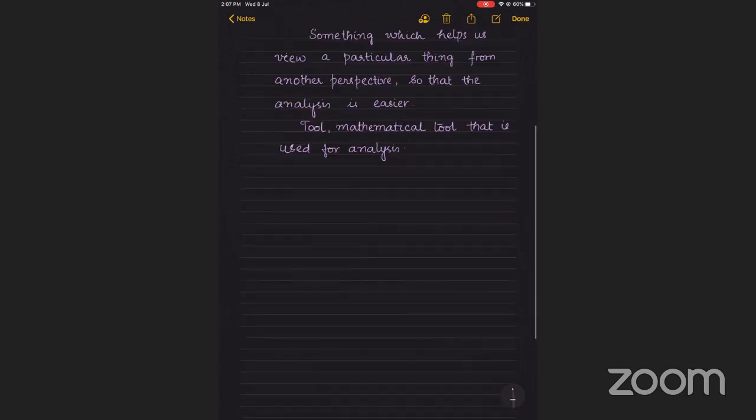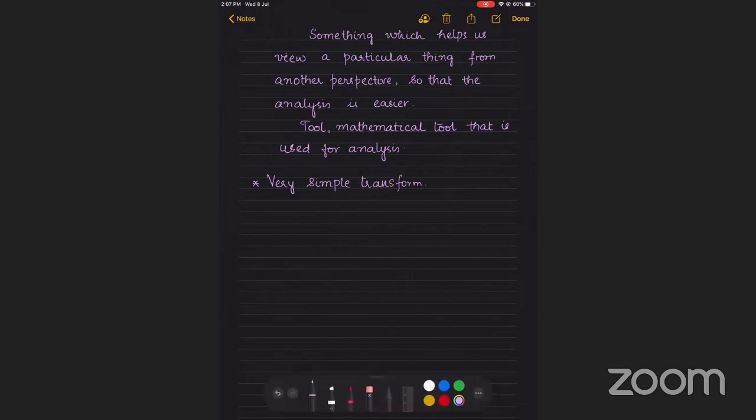Can we look at some examples of very simple transforms? I would say not even a very simple transform. What is the very idea of a transform? What is the very earliest transform that we have studied? That's what we're going to look at.